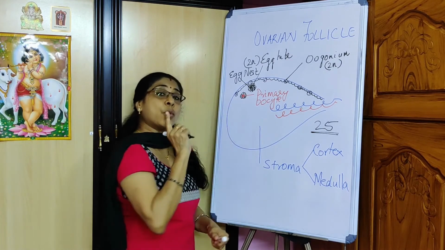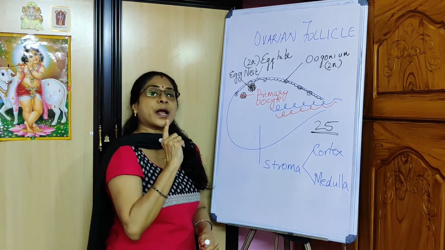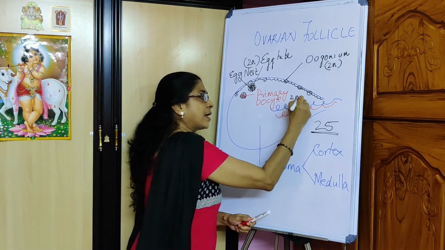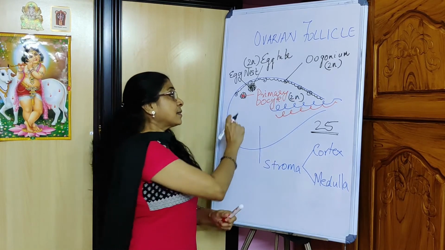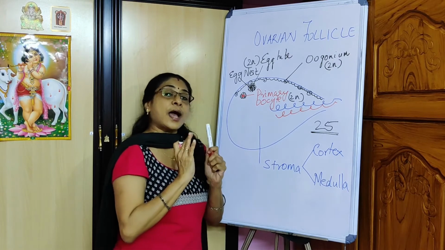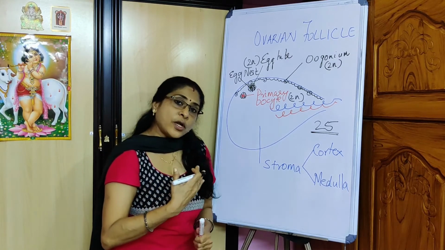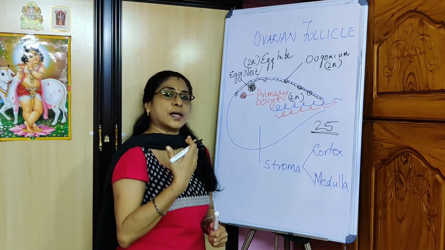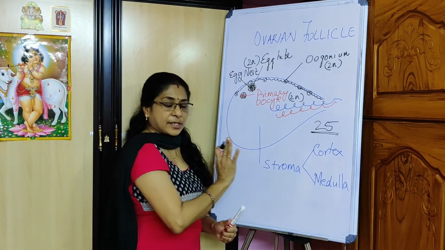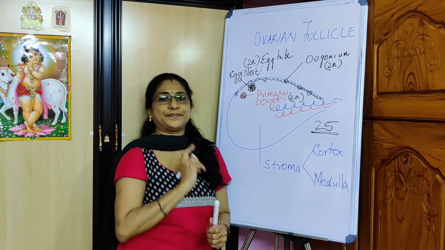The primary ovarian follicle has one single primary oocyte, which is again diploid in number, surrounded by a single layer of cells, and this single layer of cells is actually the follicular granulosa cells.